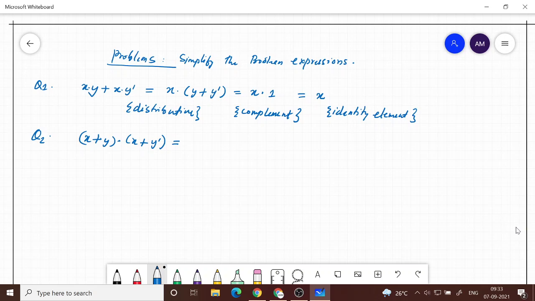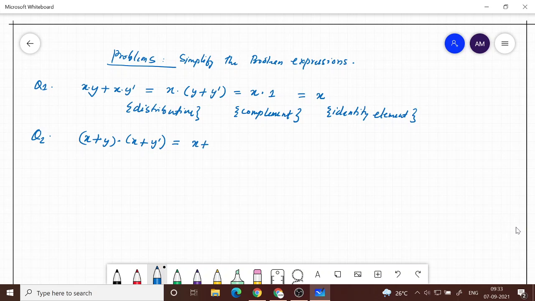They all represent the same Boolean function, which is f of x is equal to x. It's independent of y basically. Okay, so now if you look at this one, it's basically interchanging the dot and plus. So in a way it is the dual of the above, but nevertheless let's do it.